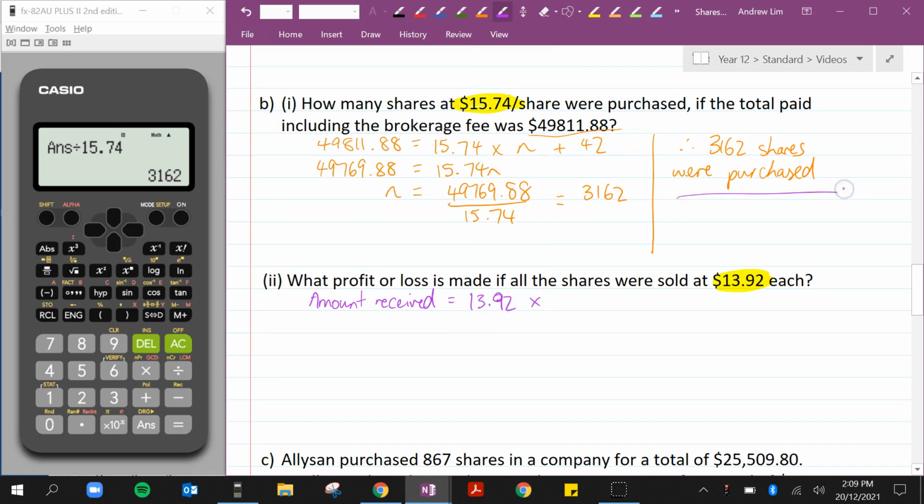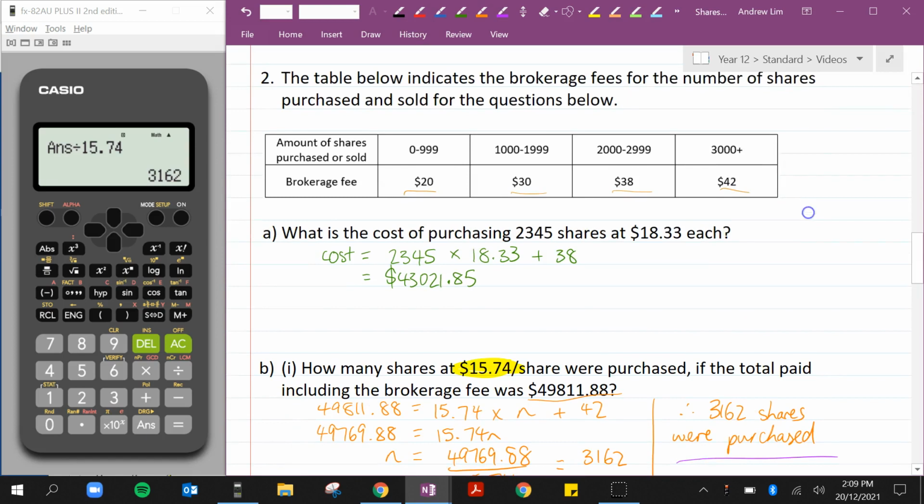Well, now we know how many shares were purchased, minus the brokerage fee. The brokerage fee again is 42, because we're selling over 3,000 shares, so the brokerage fee will be $42.